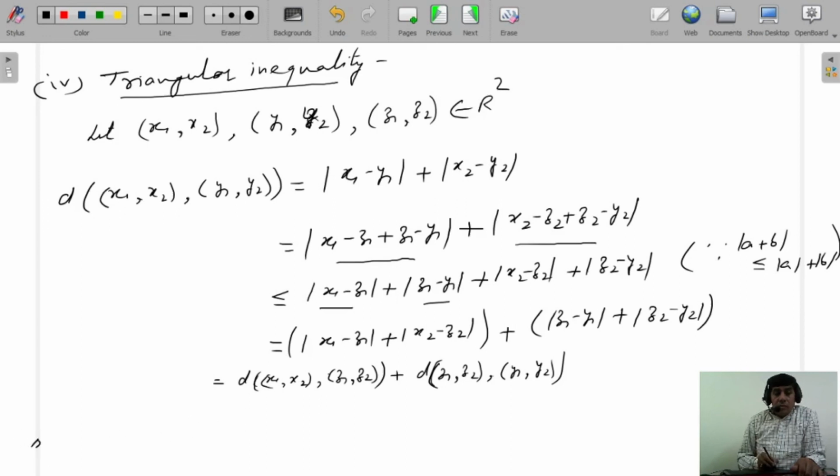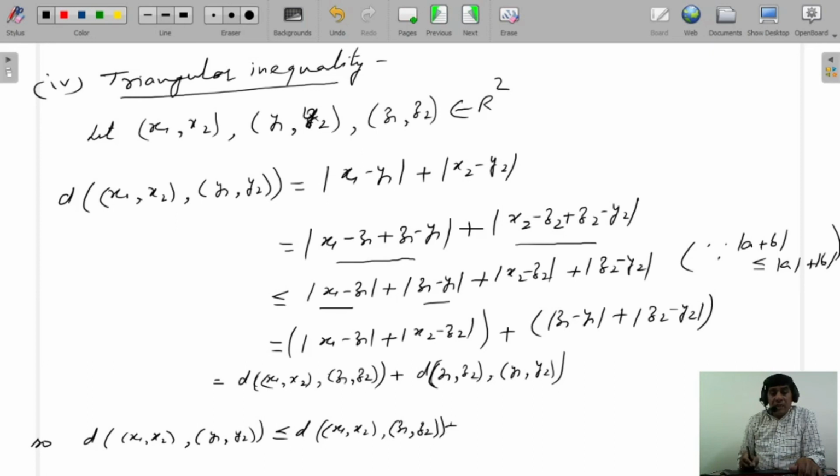So d((x1, x2), (y1, y2)) is less than or equal to d((x1, x2), (z1, z2)) plus d((z1, z2), (y1, y2)).